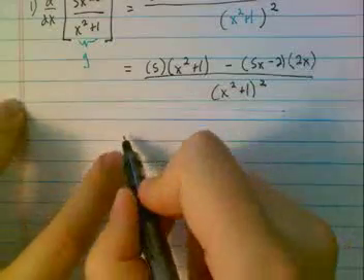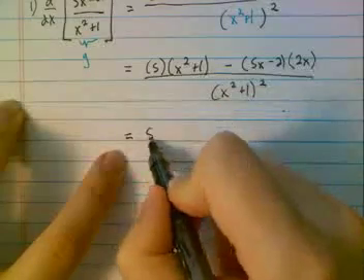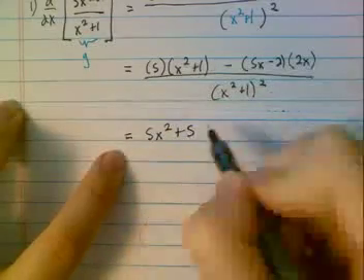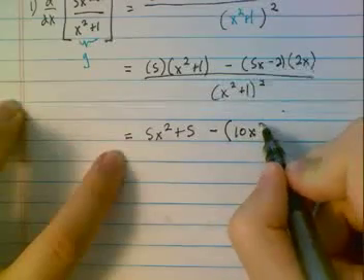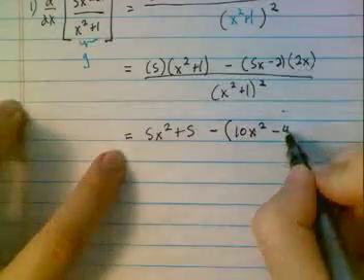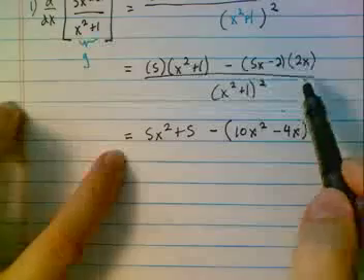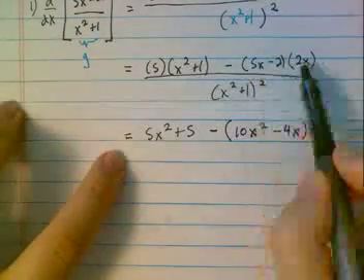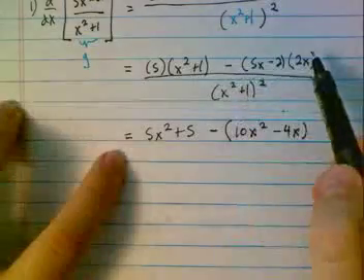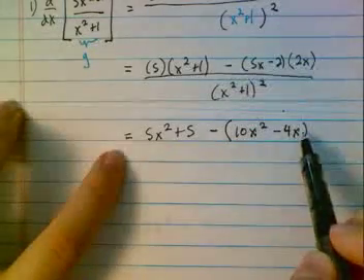We distribute 5x squared plus 5 minus, in parentheses, 10x squared minus 4x. Watch out here. Make sure you have this in parentheses because this has been distributed, but the negative has not. The negative still needs to be distributed here.